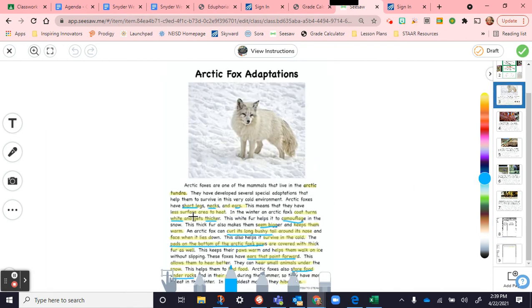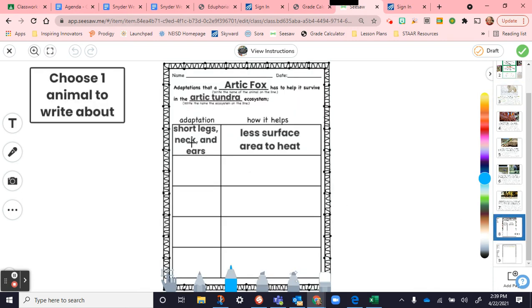But for example, if I was doing the Arctic fox, short legs, neck, and ears, that's the adaptation. How it helps is because there's less surface area to heat. So it lives in the Arctic tundra. It's very, very cold. And so if I have less body surface, I don't have as much to keep warm. So that's how it helps that animal survive in its environment.